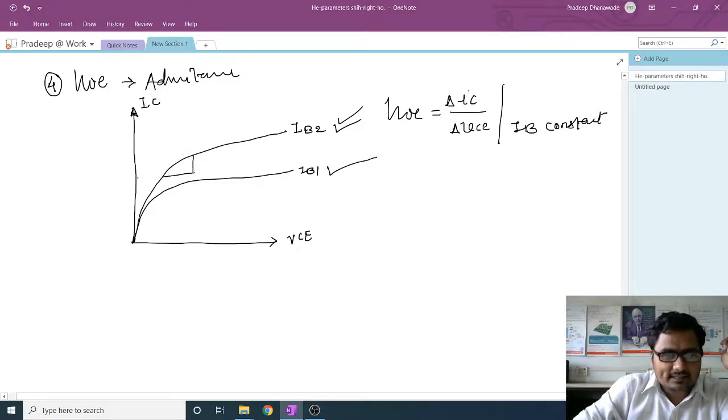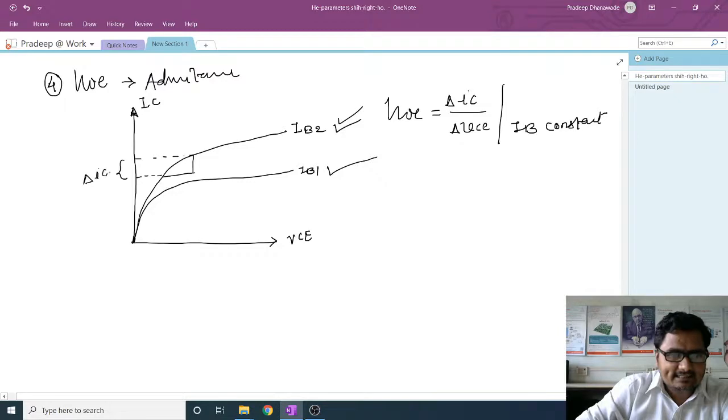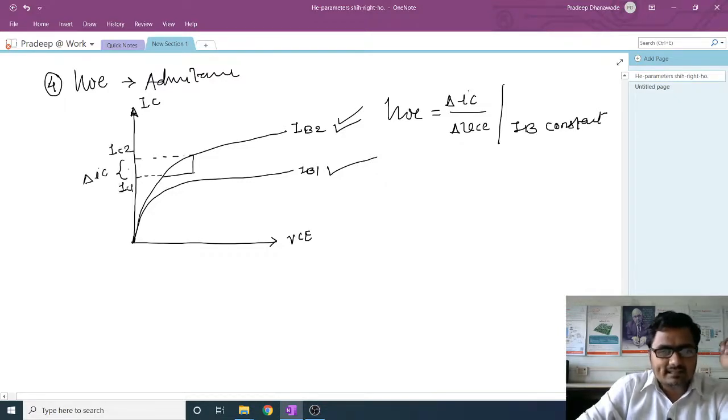Now look at this. What is there on the y-axis? On the y-axis I will get delta IC. If I say this is IC2 and this point is IC1, then IC2 minus IC1 is delta IC.